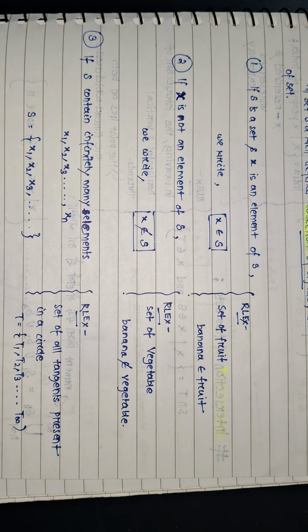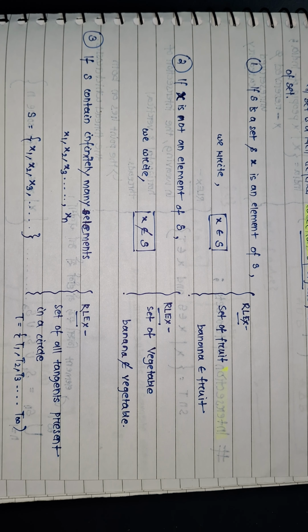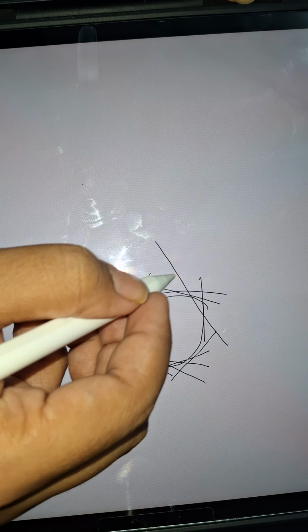Check here. Sorry, it was creating disturbance, so we adjusted the light here. If you think of a circle, it has many, infinitely many tangents. We take T as the set of all tangents of the circle.